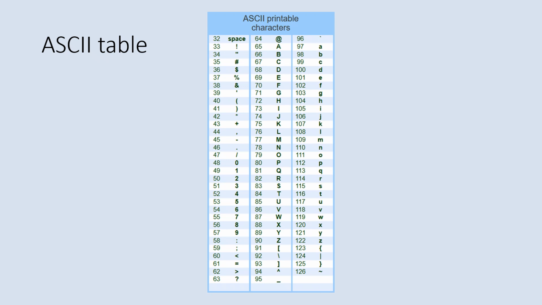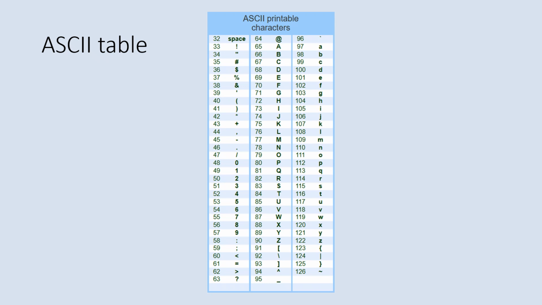Okay, so in this table, you can see that these are the printable characters that start with 32 and go up to 126. For instance, 32 is the space. That's a printable character that you actually see the cursor move over. Up to 64 are a bunch of different printable symbols.